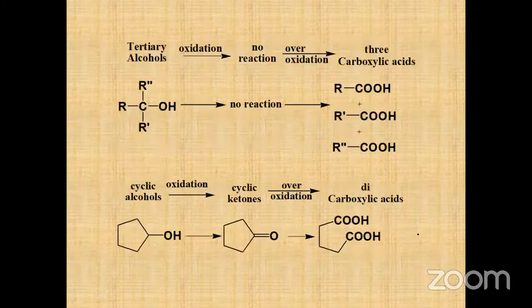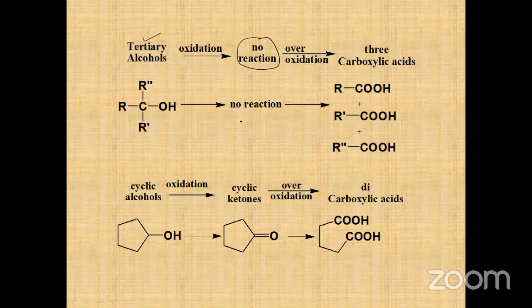Now coming to tertiary alcohol. Now this is the tertiary alcohol. On oxidation under normal or moderate or slighter conditions, there is no reaction. It is inert towards oxidation, but under drastic conditions, on oxidation, it leads to the formation of carboxylic acids.